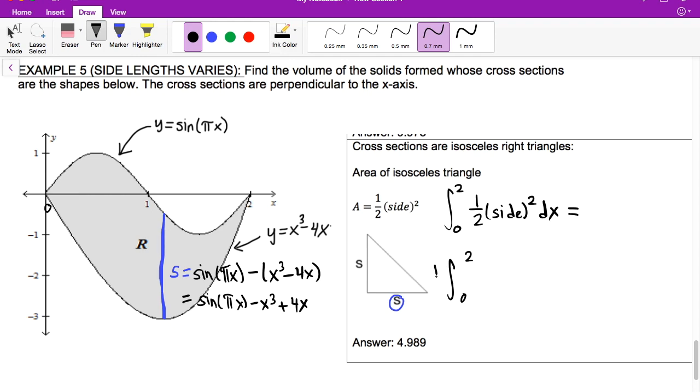So that's equal to the integral from 0 to 2. I'm going to take out the 1/2 as a constant in front, and plug in the side expression, so sine of pi x minus x cubed plus 4x, squared, dx. When you integrate this, that's going to give us the volume of the solid, and that's going to be equal to 4.989.